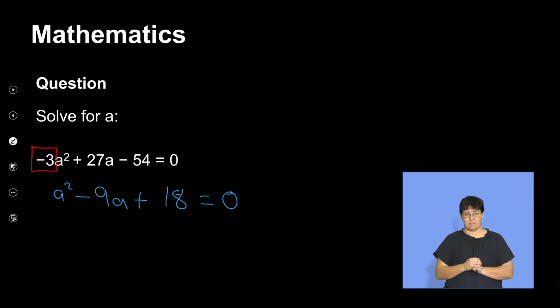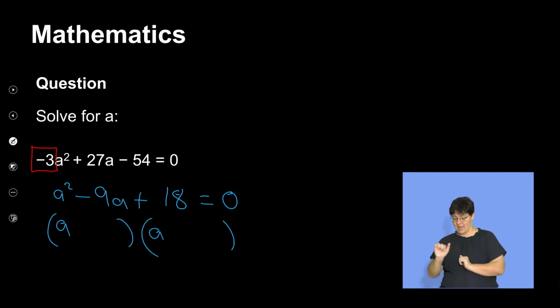And then you can simplify this. If you simplify this, you'll find that it will be a into that bracket, which will be another a on the other bracket. Then I need the factors of 18 that will give me 9. It will be 6 and 3. And then because the last term is a plus, it must be plus and plus or minus and minus.